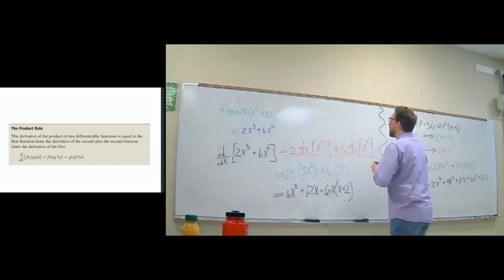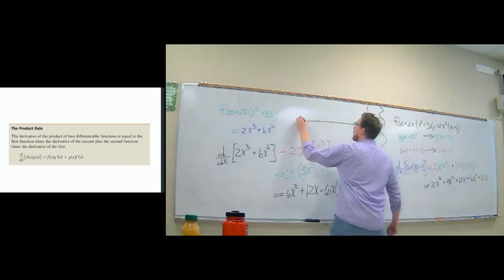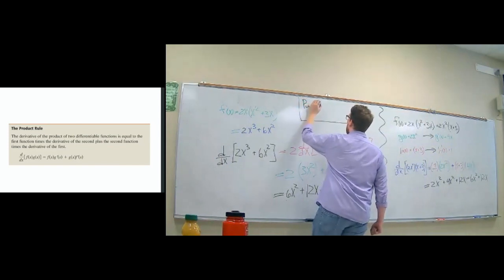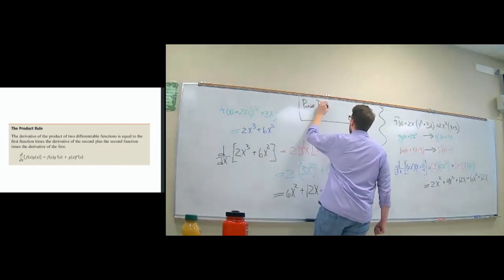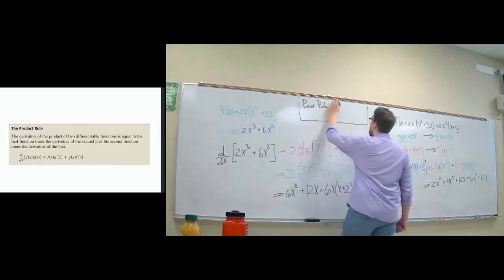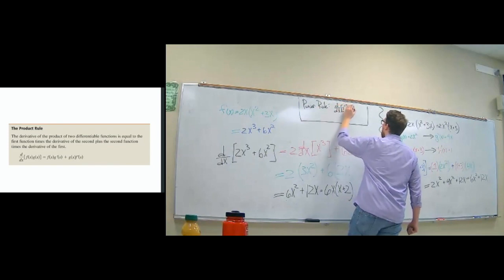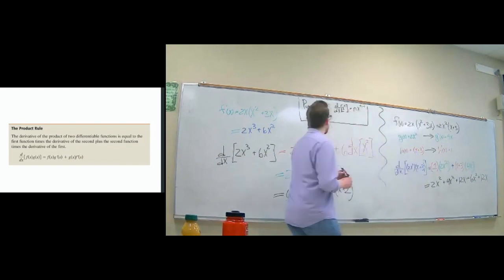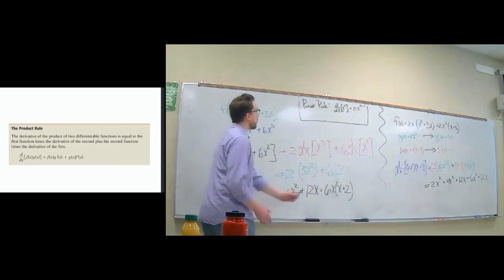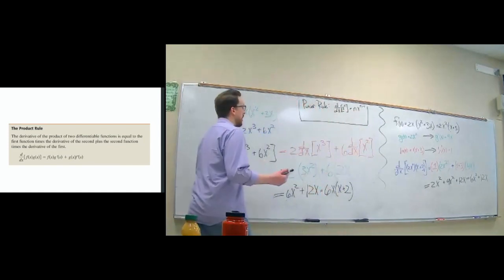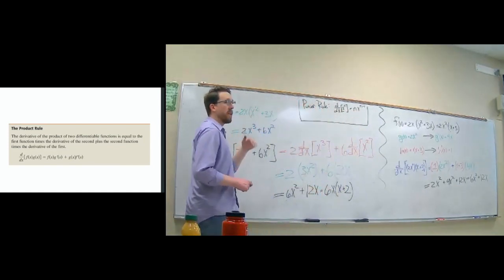So if everybody remembers, power rule says the derivative of x to the n power is equal to n times x raised to the n minus 1 power.